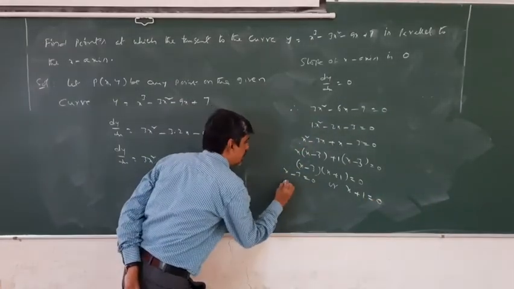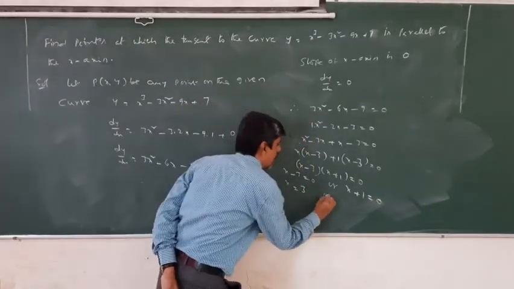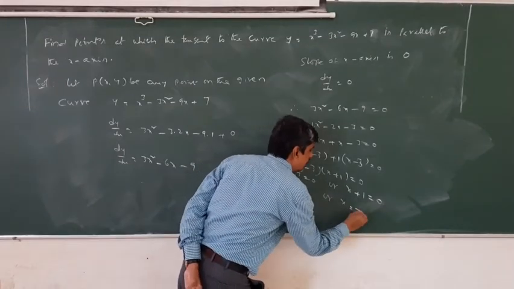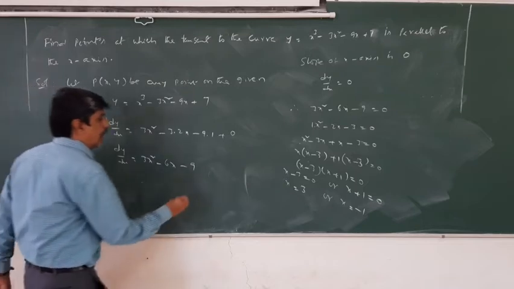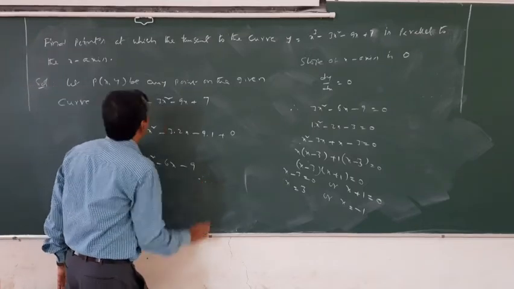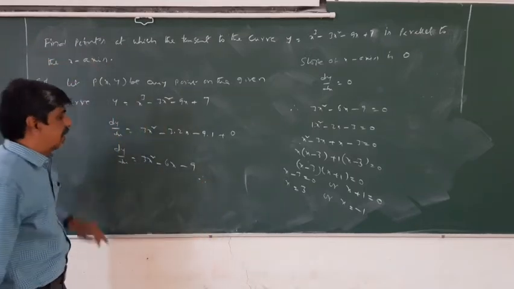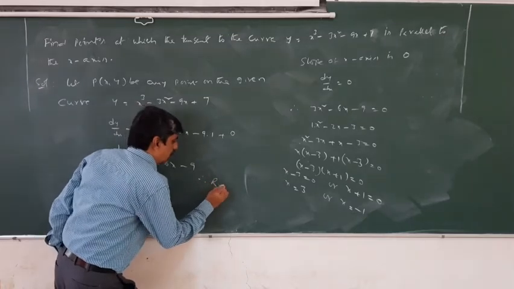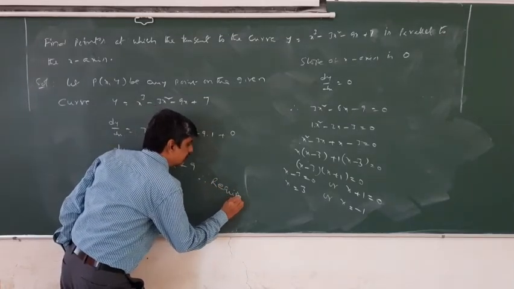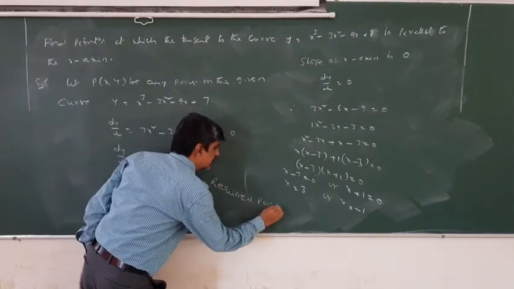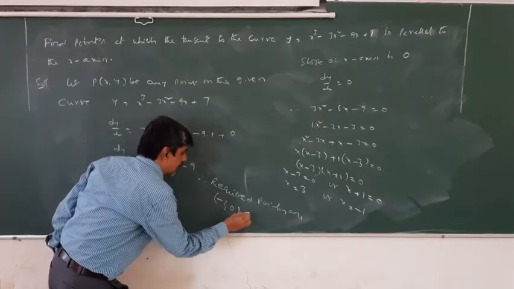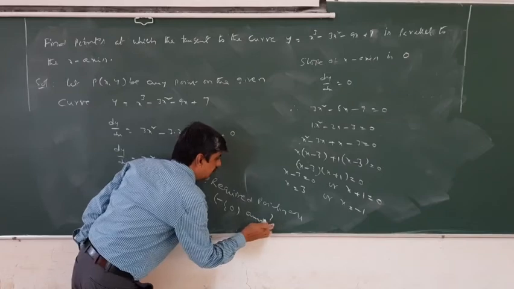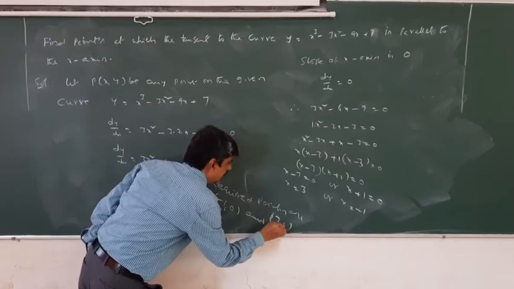So x minus 3 equals 0 means x is equal to 3, or x plus 1 equals 0 means x is equal to minus 1. Therefore the required points, so we want to find the points, are minus 1, 0 and 3, 0.